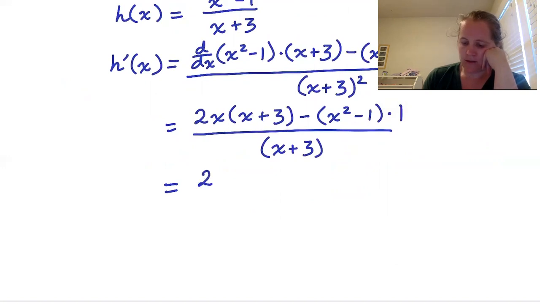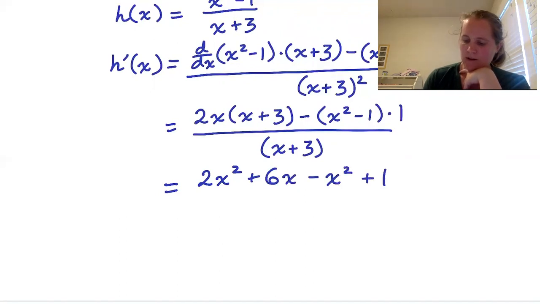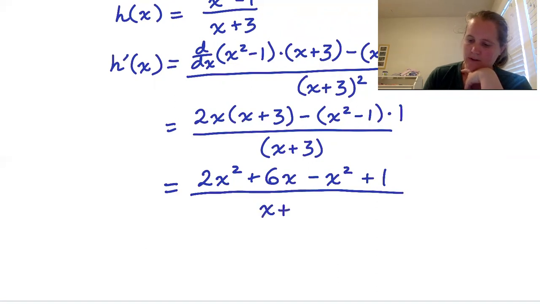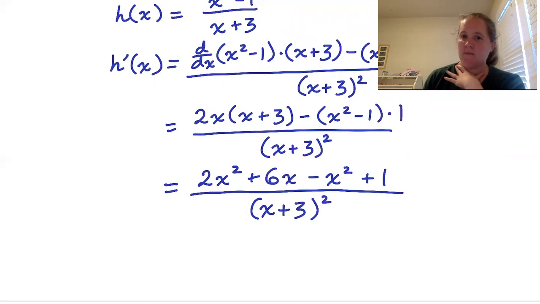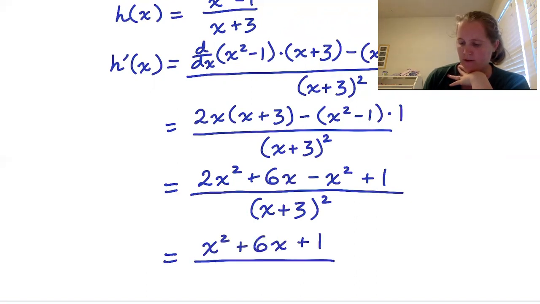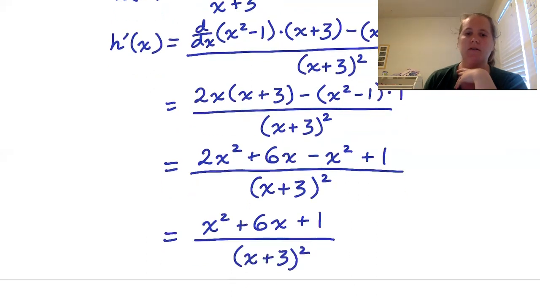So this becomes 2x squared plus 6x minus x squared plus 1 all over x plus 3. Oh, I lost my squared. All over x plus 3 squared. And then this simplifies to x squared plus 6x plus 1 all over x plus 3 squared.